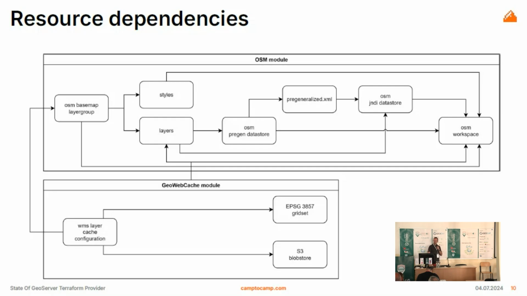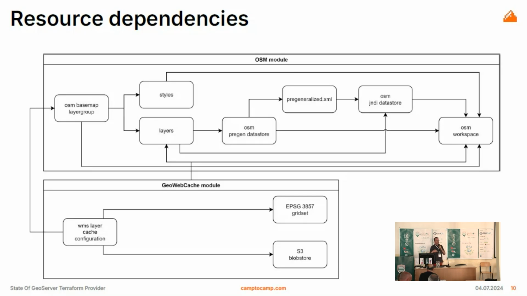We also define a pre-generalized data store using the workspace and the configuration we have pushed into our server. We have different layers which are related to our data store, different styles. We group them in a base map, and in the base map, we reference it in our caching system. So all this is defined as code with dependency.